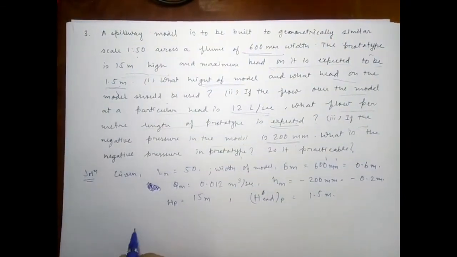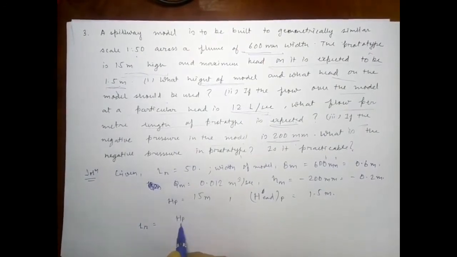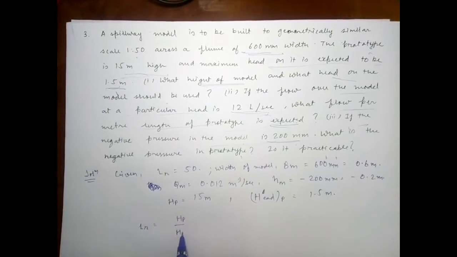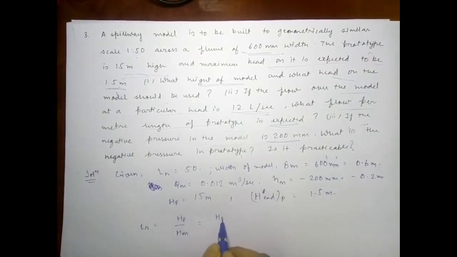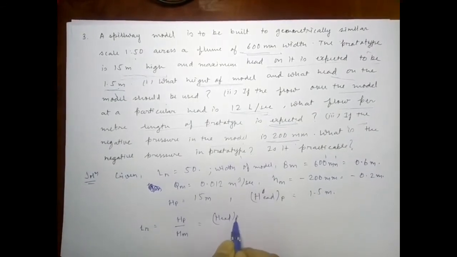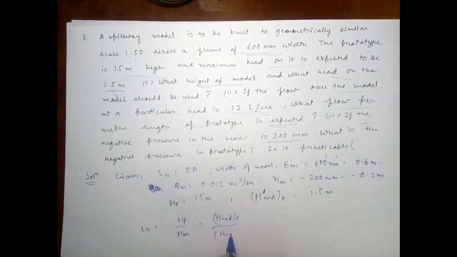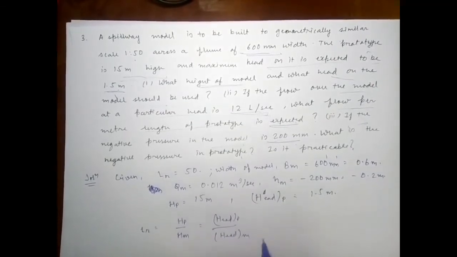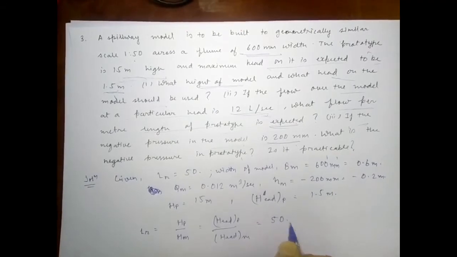So now for linear scale ratio LR, we can say all the heights will be the same, that is HP upon HM, height of the prototype and model, will have the same ratio, and it will also have the same ratio for heads, head of prototype upon head of model, and actually it is equal to 50.